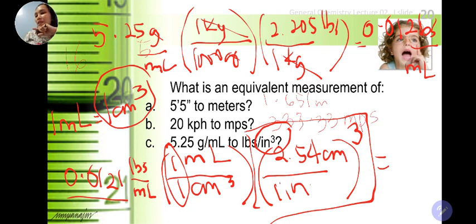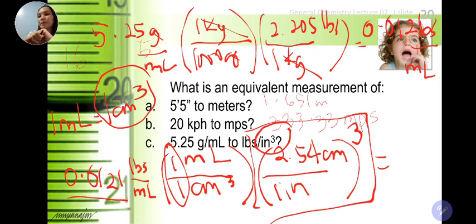Kung meron kayong scientific calculator, that is x to the third power. Pero kung wala naman, 3 times nyo na lang siyang i-multiply by itself. So, 2.54 times 2.54 and then another one times 2.54. That makes it cubed already. So, your answer should be 16.387.